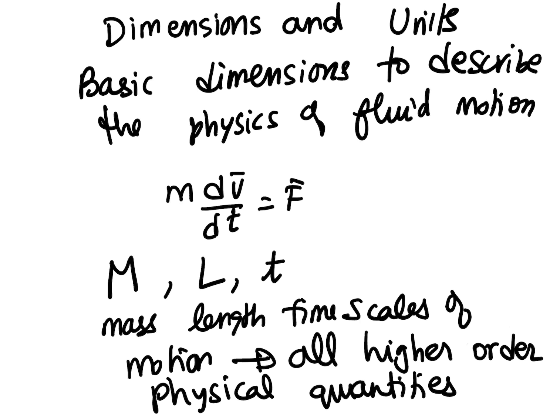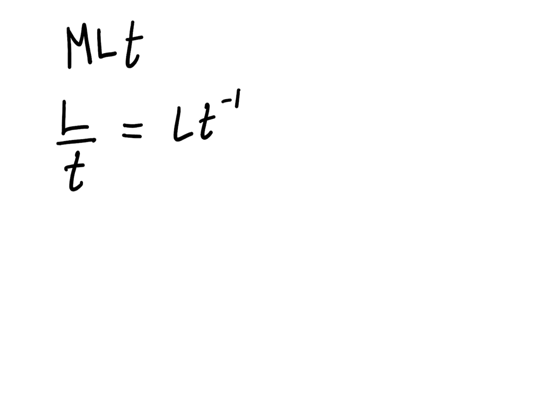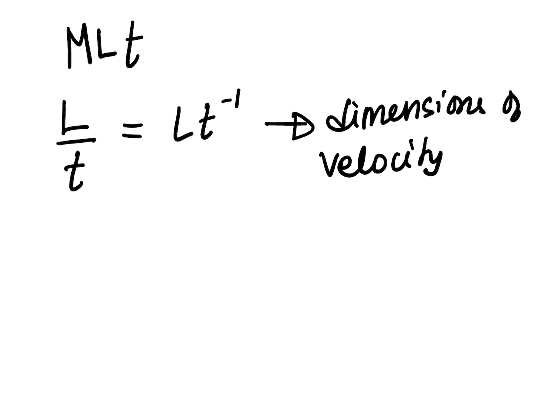I'll tell you what I mean by that. If we have mass, length and time, M, L, T, you can describe everything else. If you have a length and a time, the quotient of those two would be a velocity. That would be the dimensions of velocity. So if you measure length in units of foot, and time in units of second, your velocity will have a unit of foot per second, or meter per second.